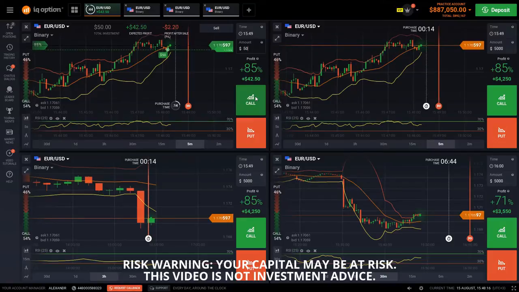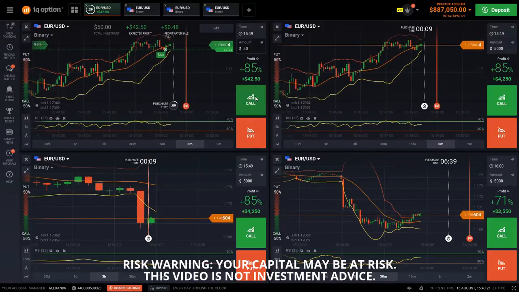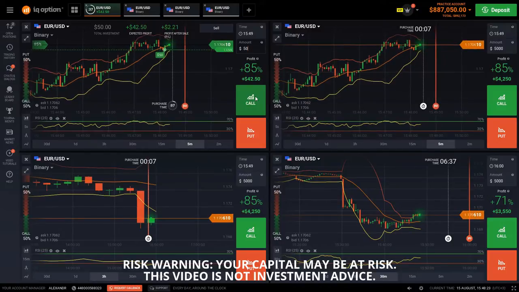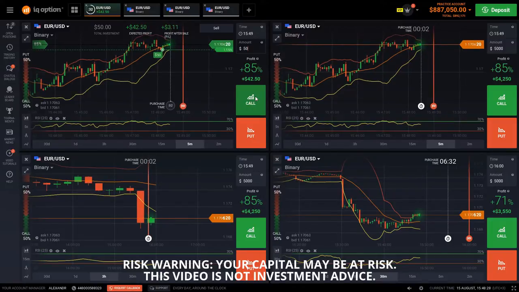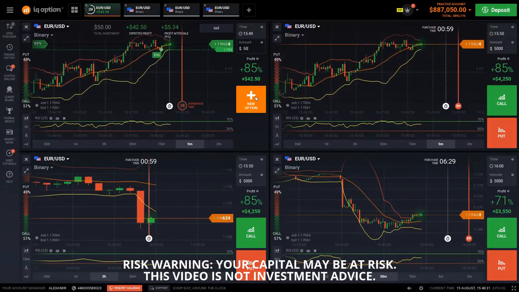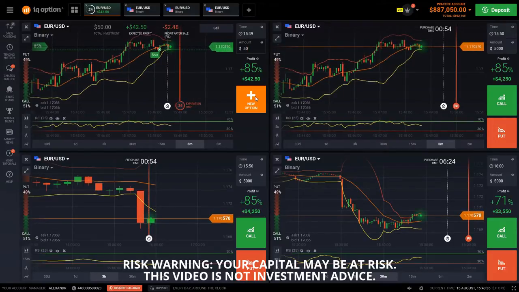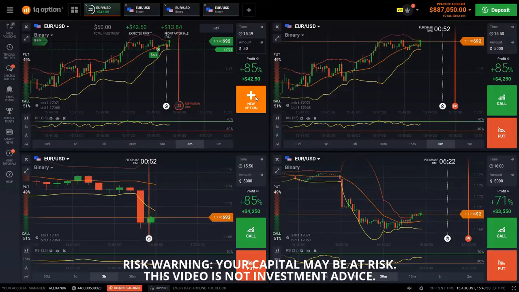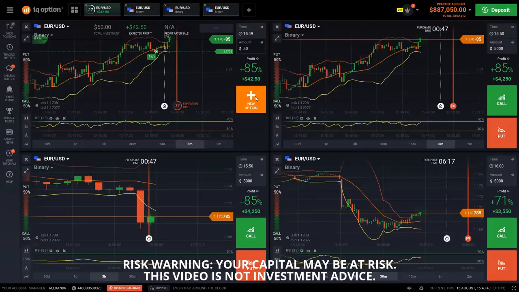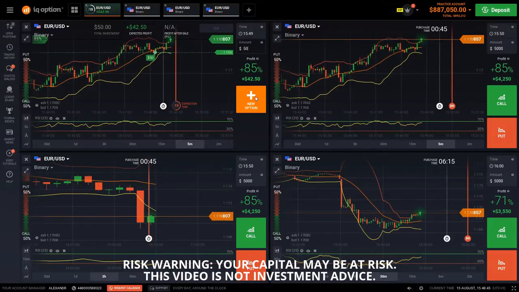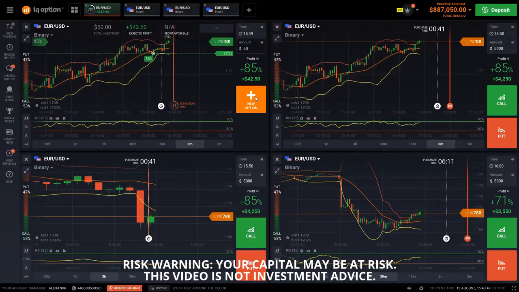So now I'm going back to the original $50 trade here, because this rising upward trend will last enough for the next minute or two. I'm not sure, so I'm just using $50, and it looks like the trend is still carrying on.